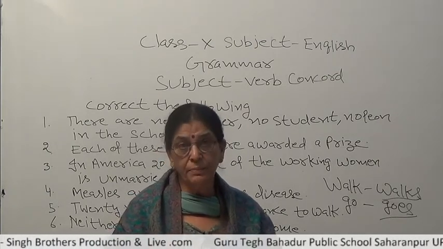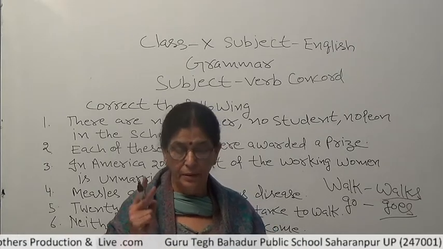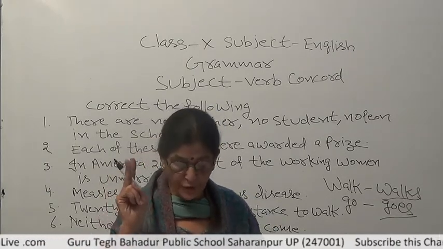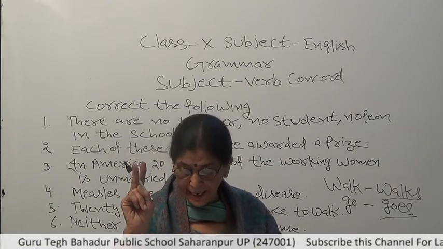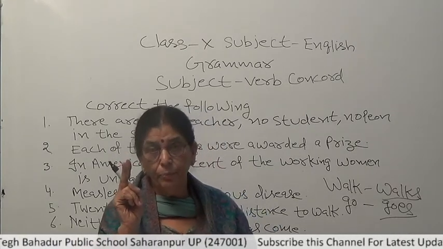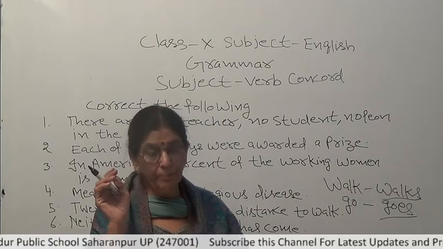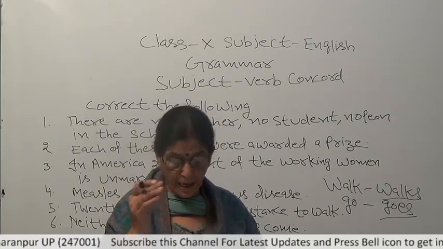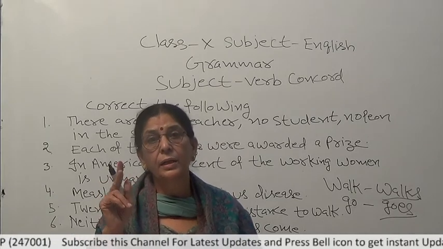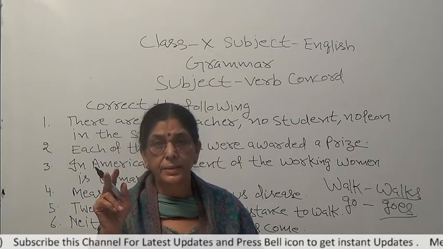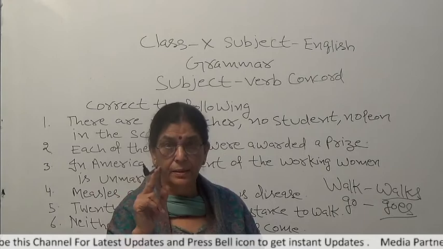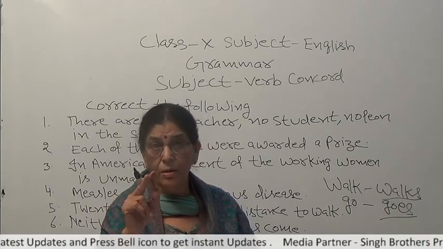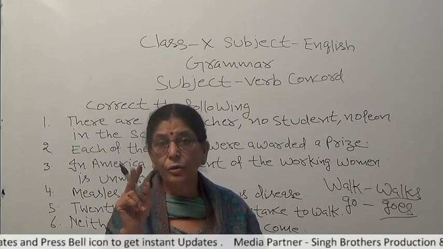When two subjects, or you can say two nouns, are joined, they require a plural verb. For example, the cow and the goat are grazing. And has been used as a connecting word, the cow and the goat.